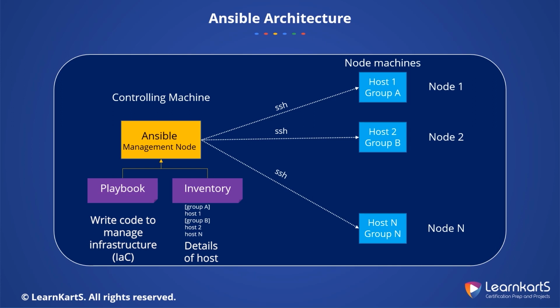It depends on how many servers and groups you really have, and corresponding to that you will have the machines available. For the different hosts we have here, you will be able to get the required output. So that's how the overall Ansible implementation looks in this scenario.